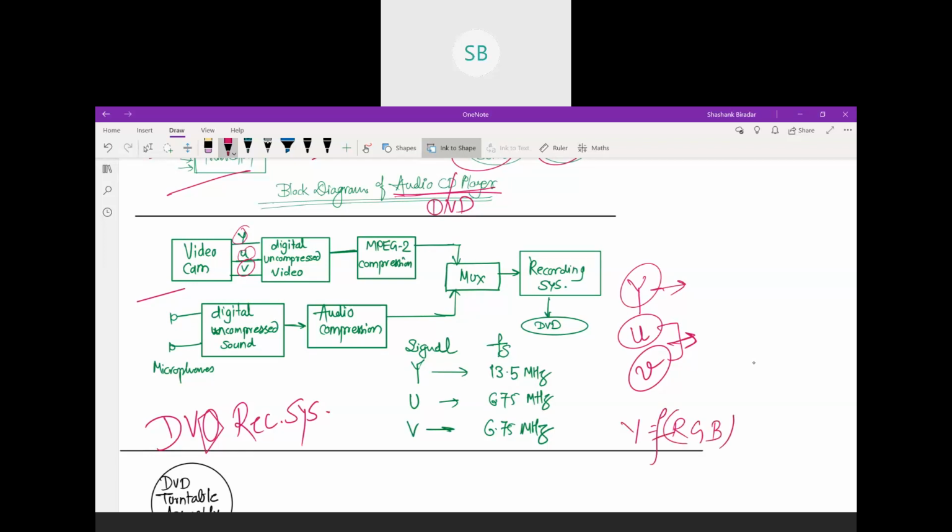Which signal can't be transmitted? Can you just chat me in the chat window whether it is R minus Y, G minus Y, or B minus Y?